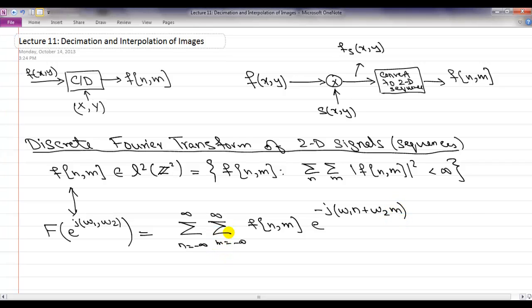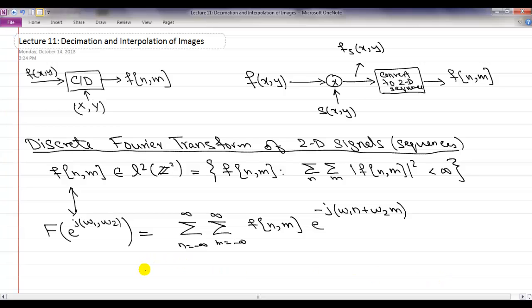And you should of course be aware that it doesn't matter whether I put this summation over n first or m first. They are interchangeable. Not always, but because of the assumption that we are dealing with finite energy sequences. So sometimes I may write m here, sometimes I may write n here. There is no harm in writing one before the other.